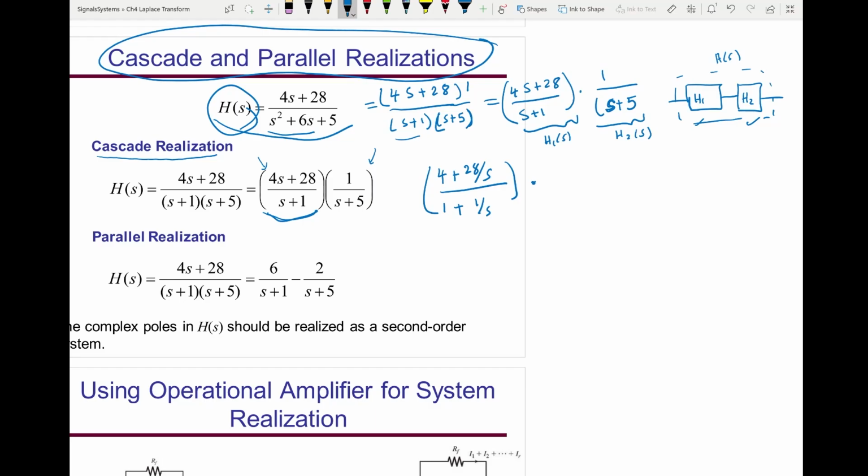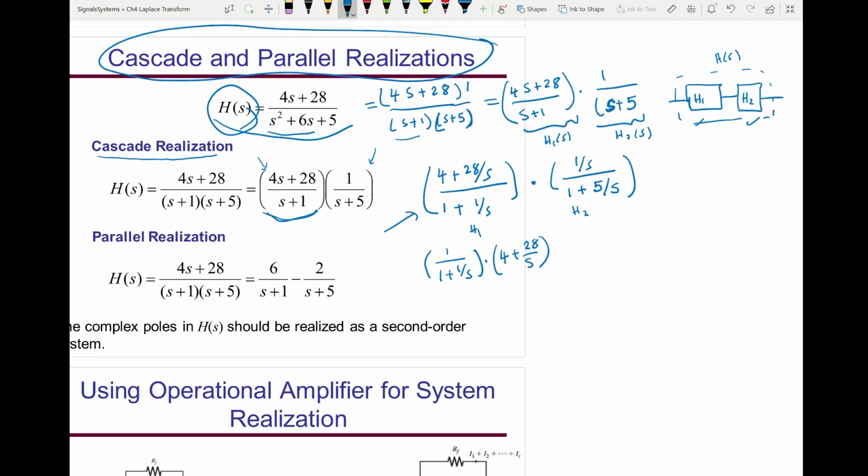I divide numerator and denominator by s, so that will be 1 over s, over 1 plus 5 over s. This is H1, this is H2. To realize this system, I will use form 2 realization. So I can express it as, first the feedback, 1 over 1 plus 1 over s, times the numerator, 4 plus 28 over s.